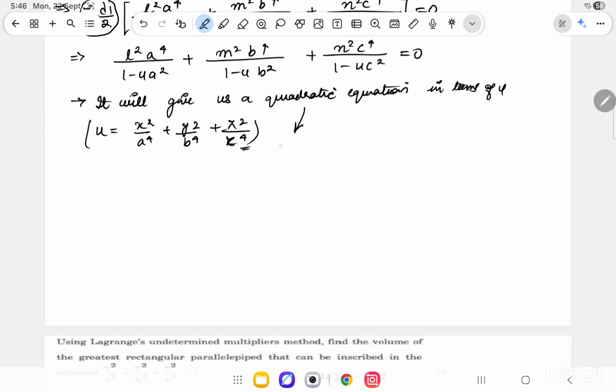So from here we'll get two values of u. One of them will be basically the maximum value and the other one will be the minimum value of u.